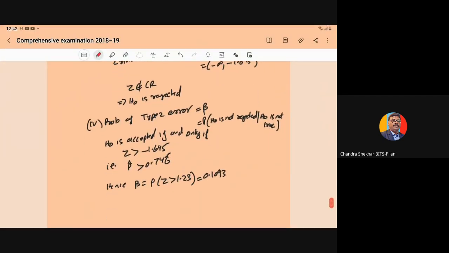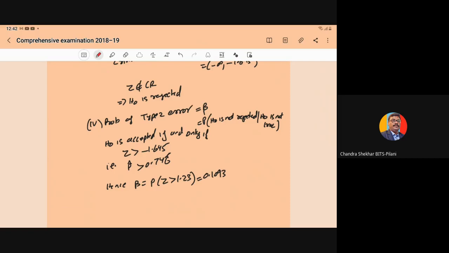So probability of type 2 error. Probability of the type 2 error means probability H naught is not rejected given H naught is not true. So we represent the probability of type 2 error with beta, and it is the probability H naught is not rejected given H naught is not true.